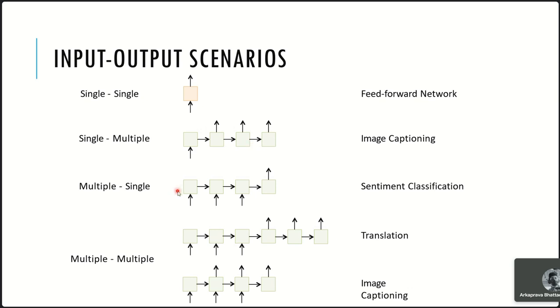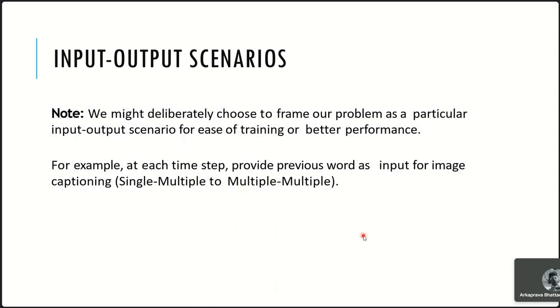Next, multiple to single. Here you have multiple inputs, but you are generating a single output. Last is multiple to multiple: multiple inputs and multiple outputs. An example is machine translation. The main important thing here is that based on the application in hand, your architecture will change.